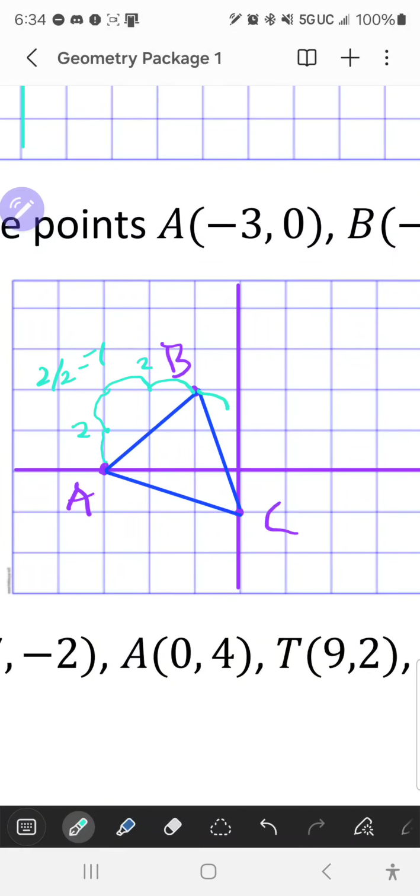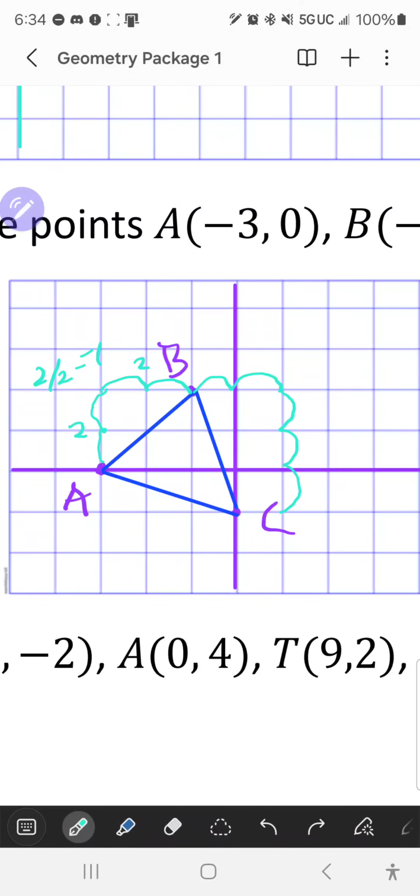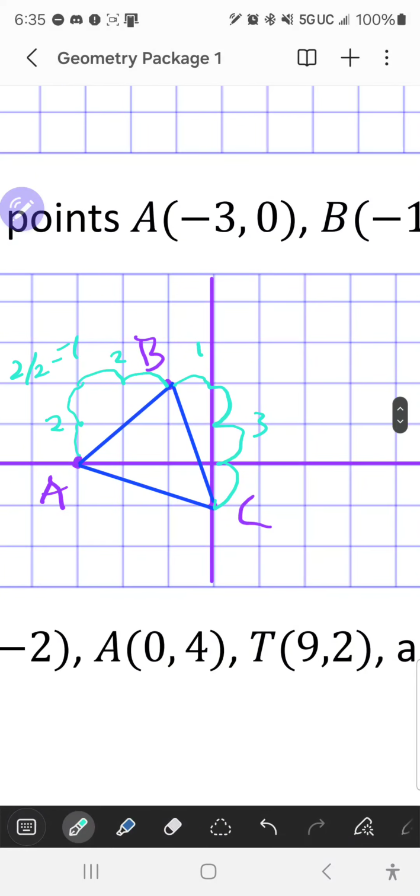Now here, this will be 1 and 1, 2, 3. So the rise will be 3 in the negative direction, so it will be negative 3 over 1, which is just negative 3.